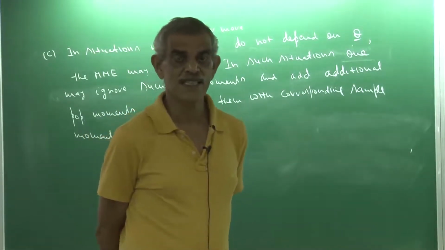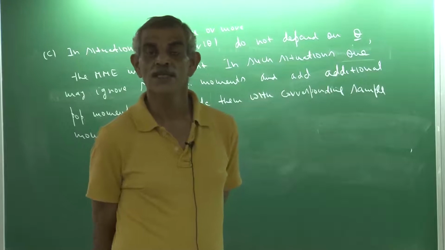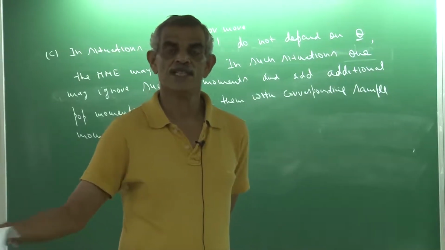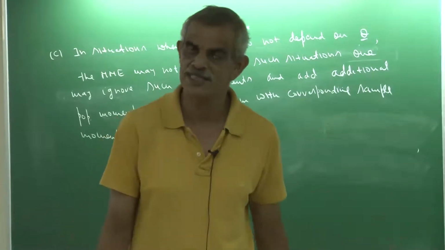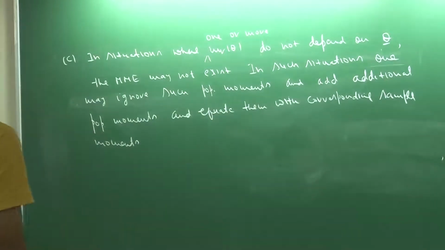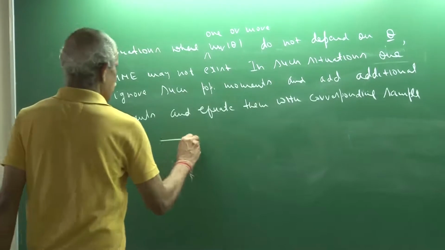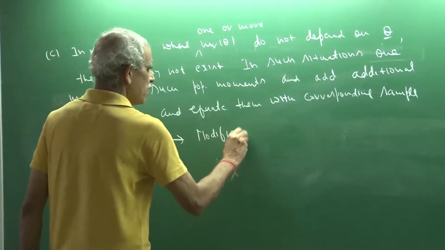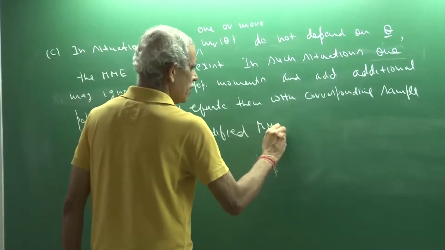So I replace theta hat equal to the second sample moment, which is 1 upon n summation xi square. So theta hat equal to 1 upon n summation xi square turns out to be the estimator. When you use such a method, it's called the modified method of moments estimator.